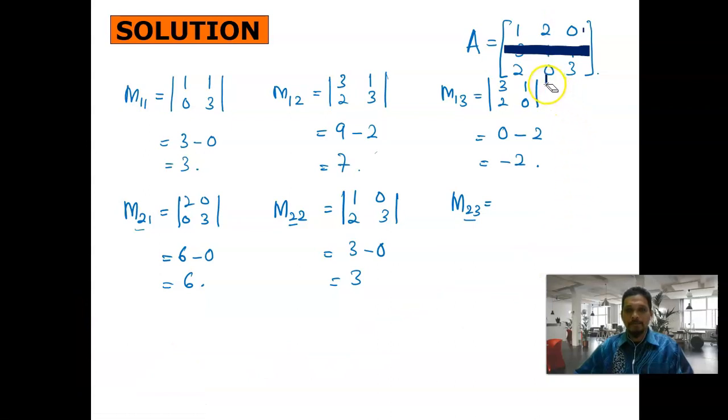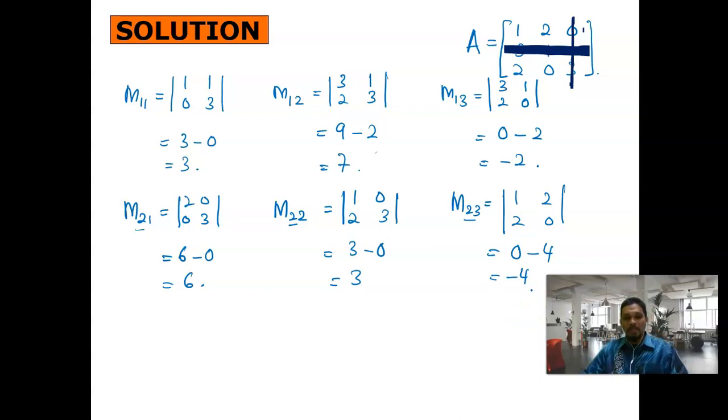Next, delete the element in row 3. What's left here now is 1, 2, 2, 0. 1 times 0 equals 0, minus 2 times 2 equals 4, so it is negative 4. So we got 6, 3, and negative 4.